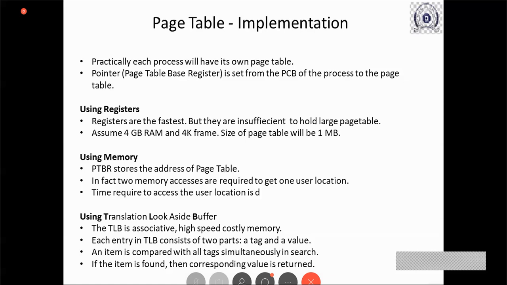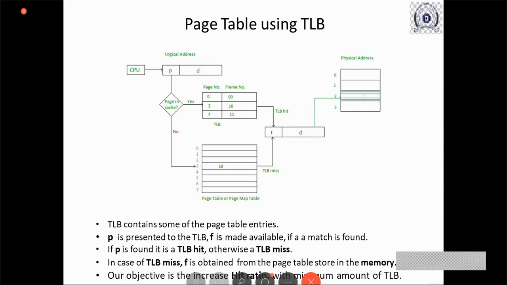You can see that the CPU generates a logical address, and it is divided into page number and offset, and the page number is checked in the TLB to see whether the particular page number is available or not.